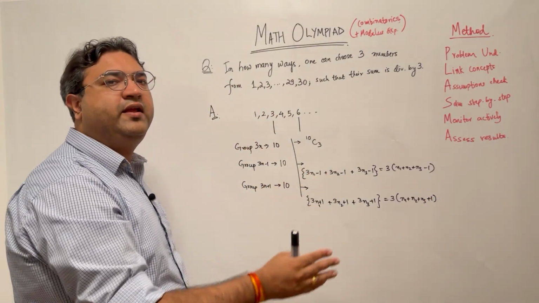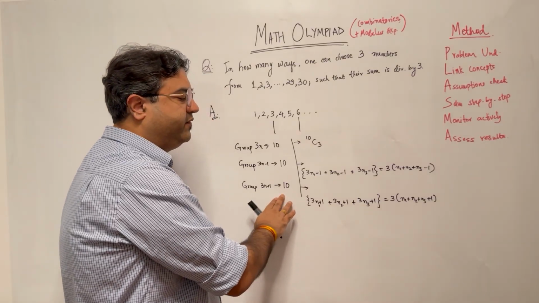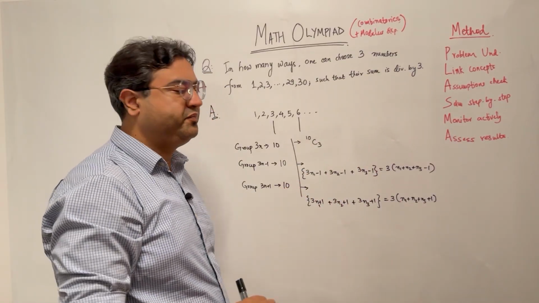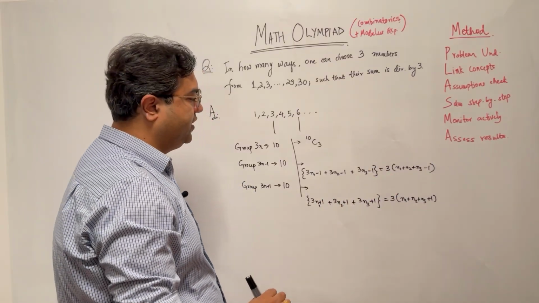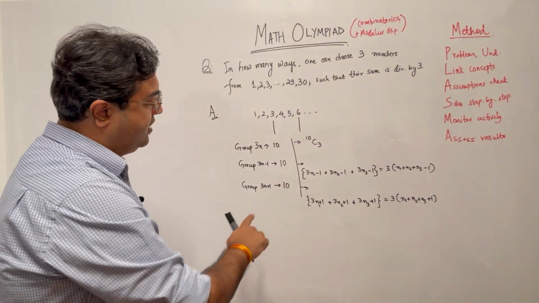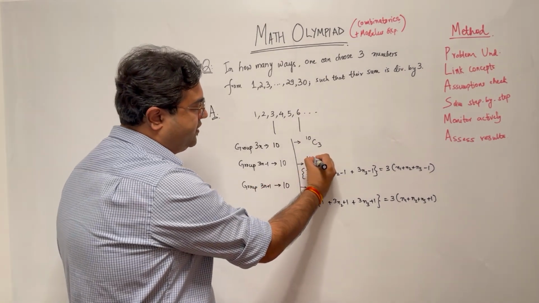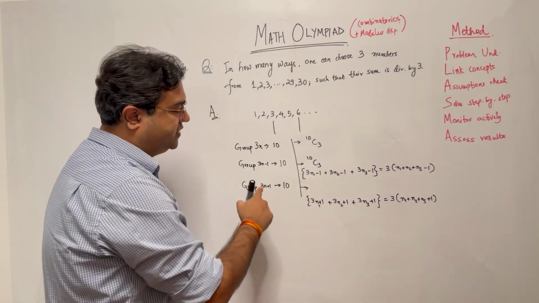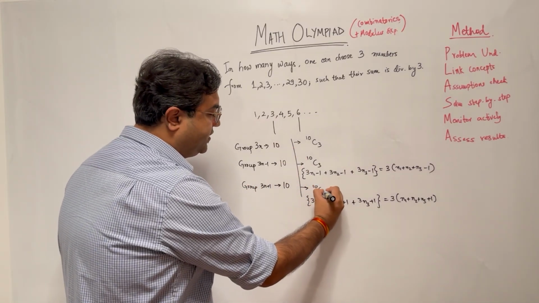So we can take any n1, n2, n3, but the 3 numbers that we are going to take, they will sum up and they will all be divisible by 3. Okay. So then we have 10 numbers and we can choose any 3. So we can have 10C3. Here also we have 10 numbers and we can choose any 3. So here we will have 10C3.